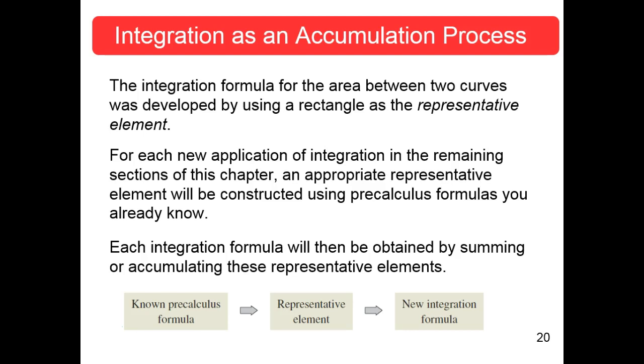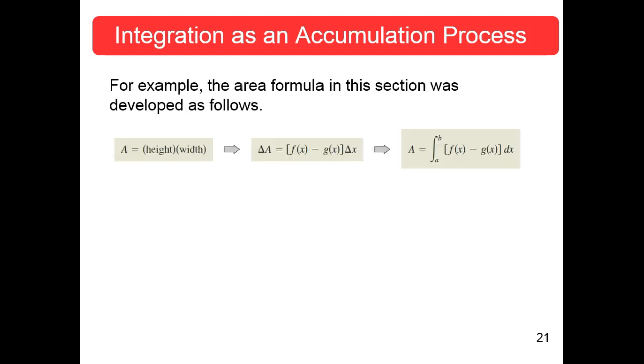The known pre-calculus formula, representative element. Okay, I guess there's going to be something that's going to be obvious here. For example, the area formula for this was area's height times width, which delta A is your difference of F and G, assuming F is the larger, G is the lesser, times your delta X, and that then became your integral. Okay, got it. What's new?